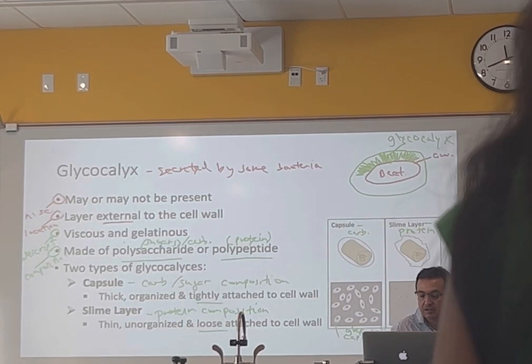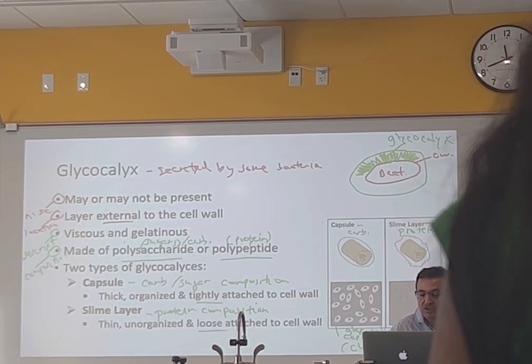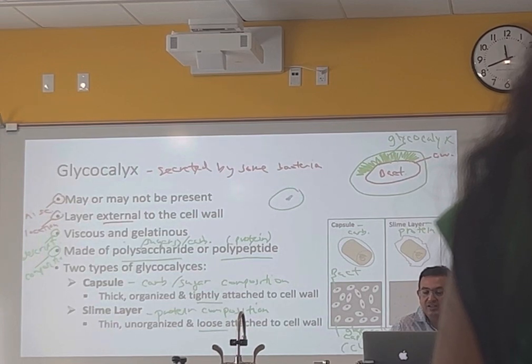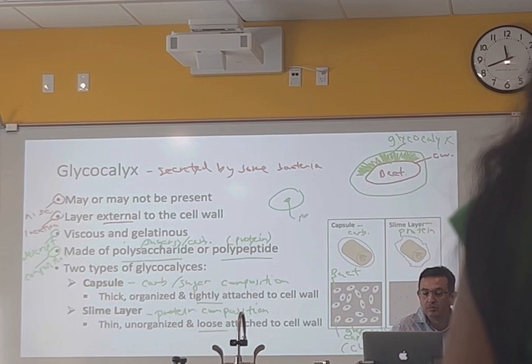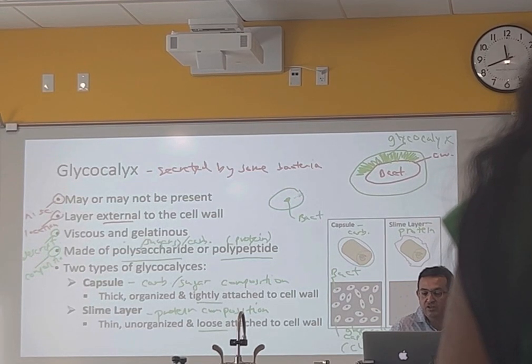It's basically the clear area. The dark thing in the middle, that's actually your bacterium. And basically it looks like this. The dark area in the center, that's your bacteria. This is your glycocalyx capsule, this white area though.